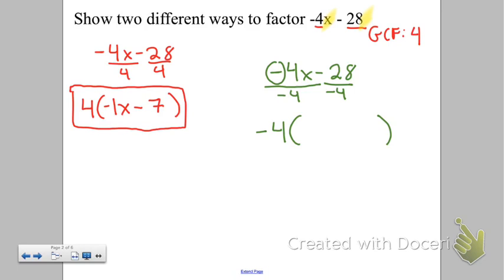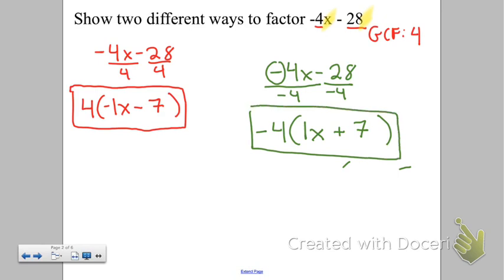Negative 4x divided by negative 4 is 1x, and negative 28 divided by negative 4 is a positive 7. So this is my second factored expression.